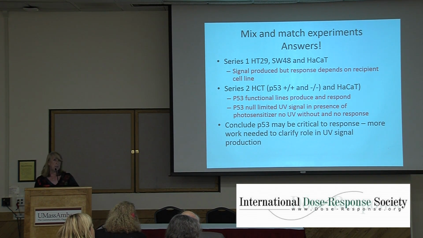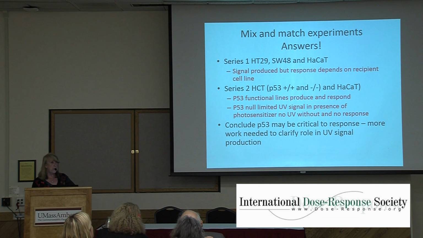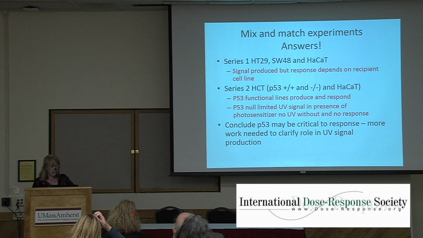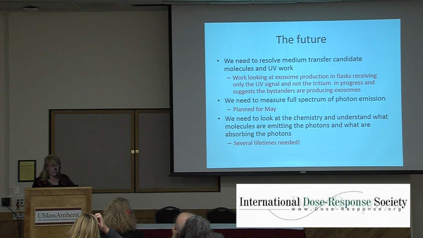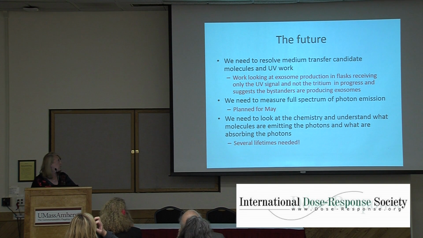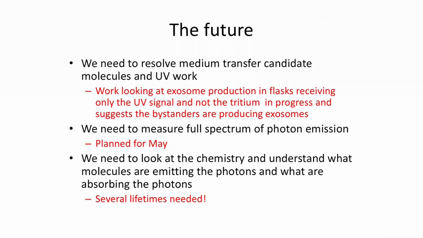And that's something that we think could be really important for radiotherapy, where most of the tumors are actually p53 compromised, but the normal tissue surrounding the tumor would have wild type. So in the future, what we're planning on doing is resolving the medium transfer candidate molecules and the UV work. So we're looking at exosome production in the flasks that receive only the UV signal.